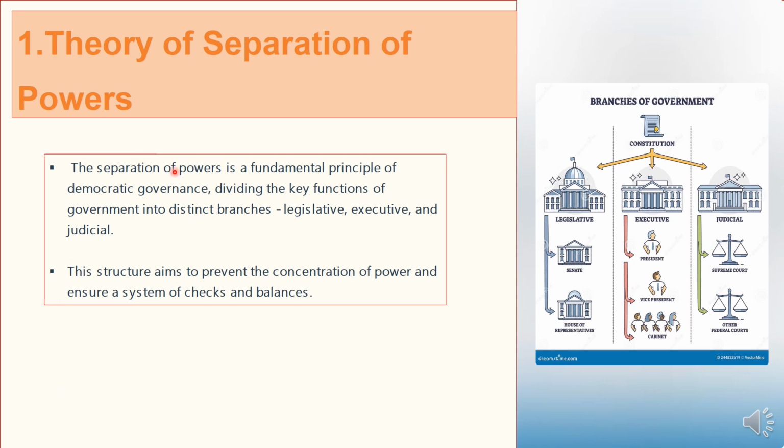The separation of powers is a fundamental principle of democratic governance, dividing the key functions of government into distinct branches: legislative, executive, and judicial. This structure aims to prevent the concentration of power and ensure a system of checks and balances.